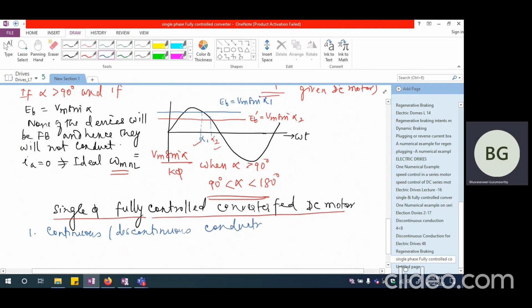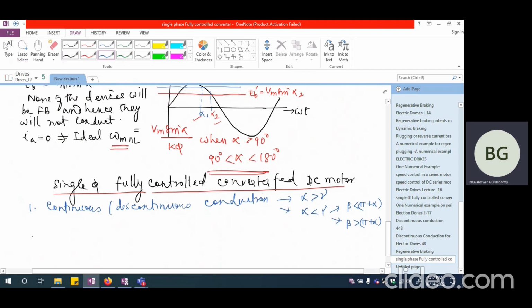And especially in discontinuous conduction, we looked at two cases, alpha greater than gamma and alpha less than gamma. And even in alpha less than gamma, we looked at where beta is going to be less than pi plus alpha and beta is going to be greater than pi plus alpha. Two cases we saw.